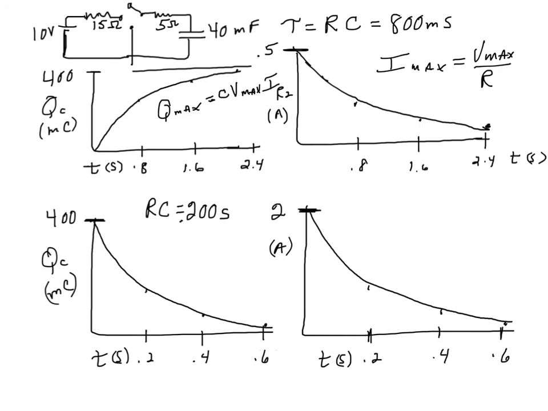The current this time, since we started with 10 volts here, when the current first starts, it's going to be 10 volts divided by 5 ohms. So the current this time, because there's only 1/4 of the resistance, will be 4 times greater.